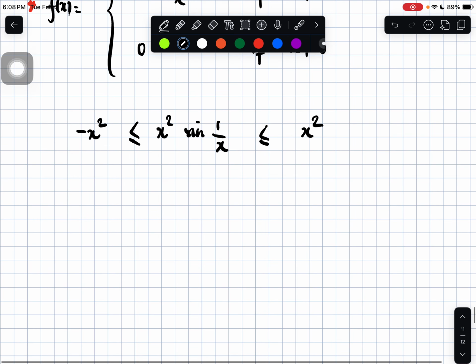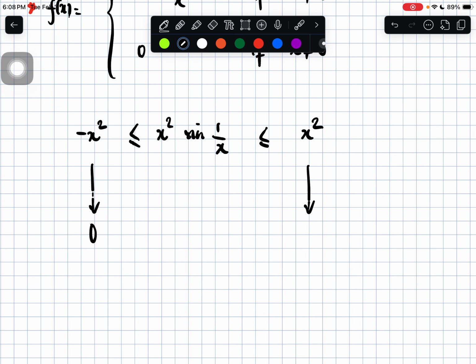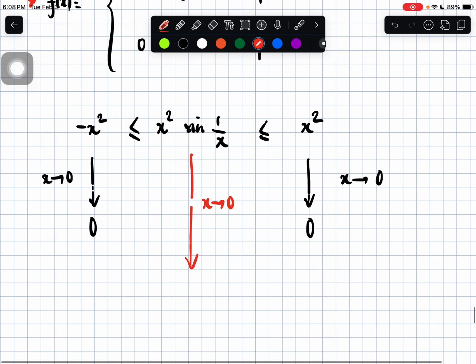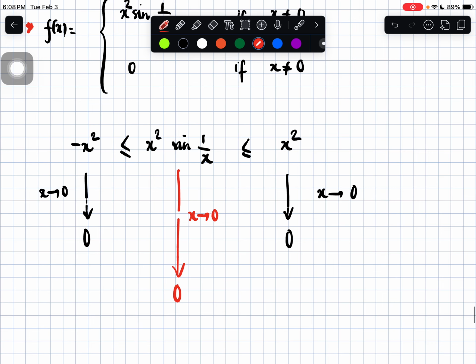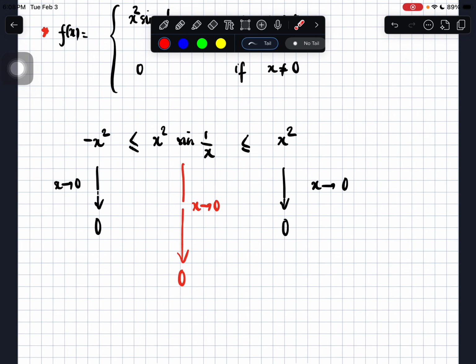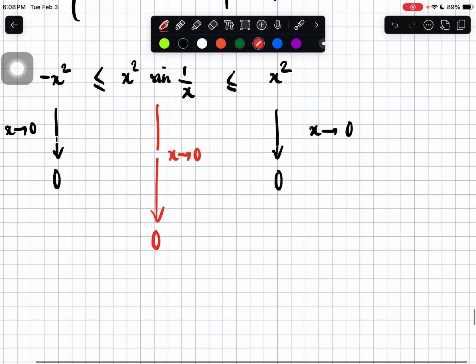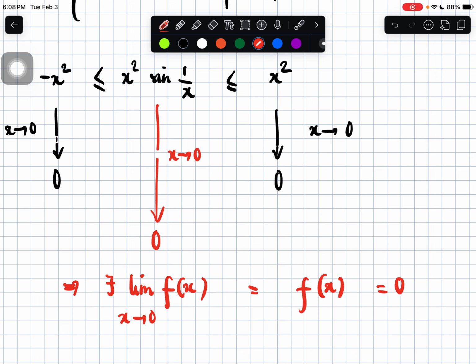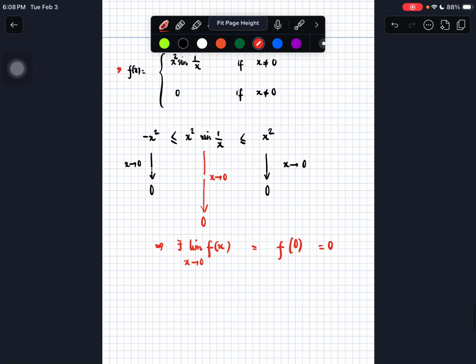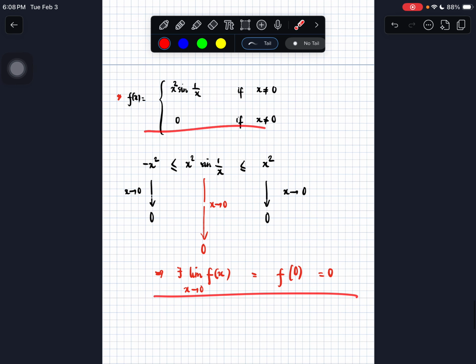Again, we use the squeeze theorem. This one tends to 0, this one tends to 0 when x tends to 0. The squeeze theorem says that this limit when x tends to 0 is 0. So the limit of f of x as x tends to 0 exists, and it is equal to f of 0, equal to 0. So first of all, this function is continuous at 0.